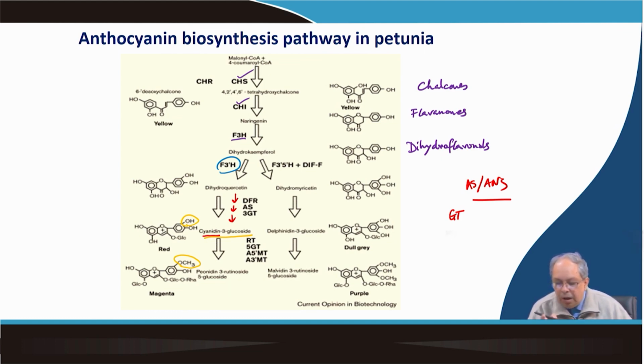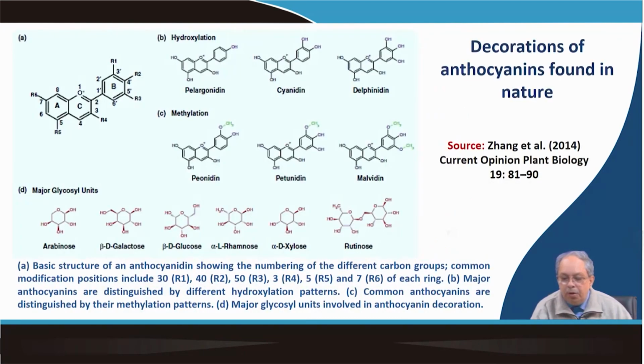And delphinidin is purple. Finally these are the anthocyanidins, and these are finally the anthocyanins, because the sugar is attached here. So this is a brief overview, which I have already discussed.